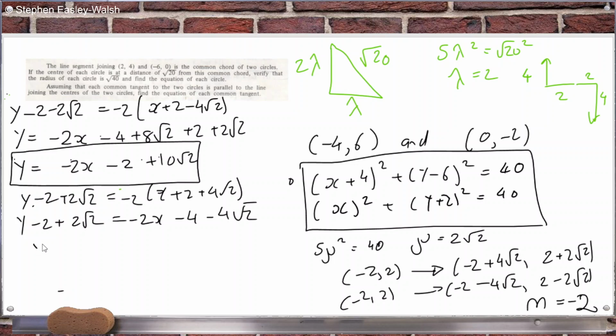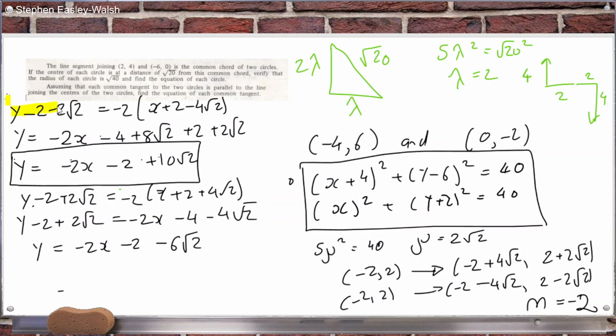So you get y equals minus 2x minus 2 minus 6 root 2. I think if I did that correctly. Let's just have a quick check.